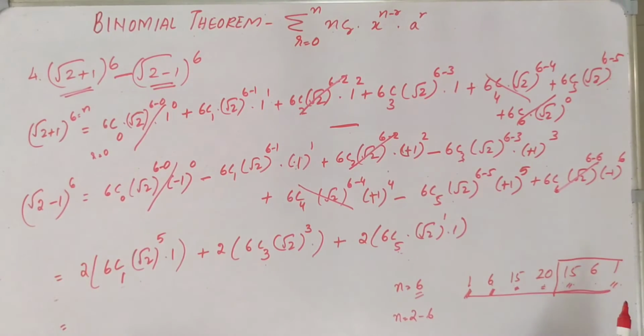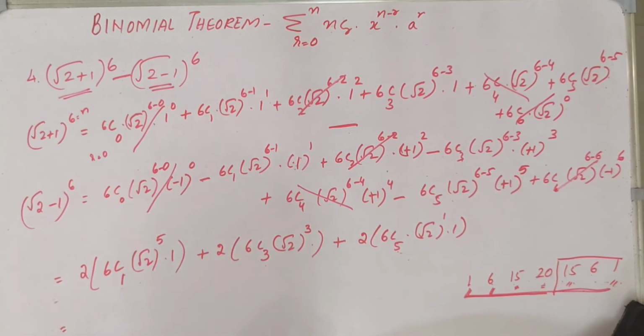Even if you are doing the calculation, remember that the last terms will repeat themselves in the reverse order. That's one tip. But if you don't want to calculate, you can memorize. So there are two ways to simplify all of these calculations. Either memorize this when n is equal to 6, or calculate the first 4 terms, and the last 3 terms will repeat themselves in the reverse order.